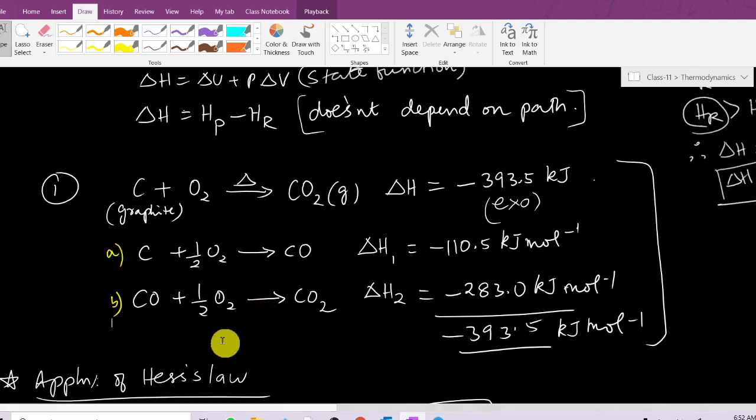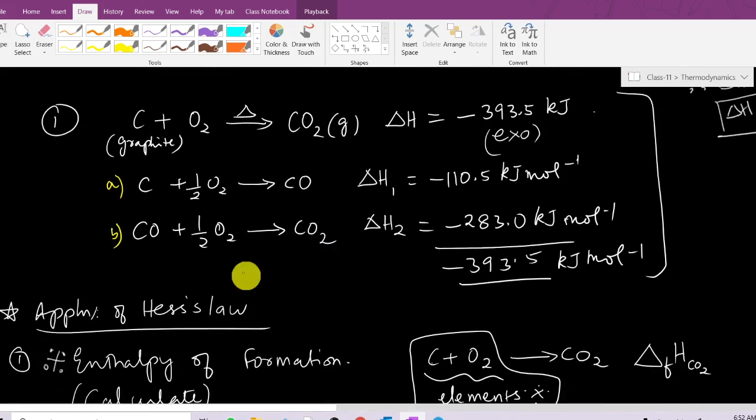Now if I want to study the enthalpy of the overall reaction C plus O2 giving CO2, it takes place in 2 steps. In the first step, carbon monoxide is formed. In the second step, carbon dioxide is formed. But if I want the enthalpy change associated with this overall reaction, what should I do?